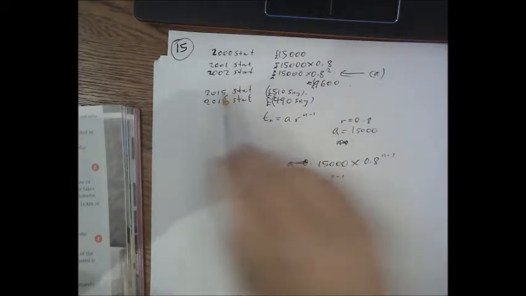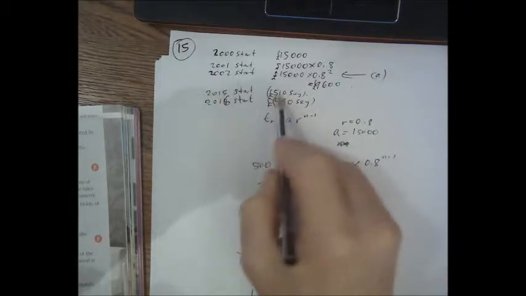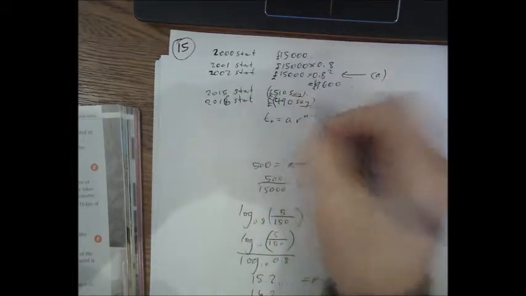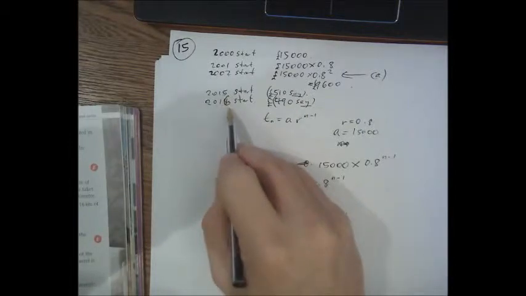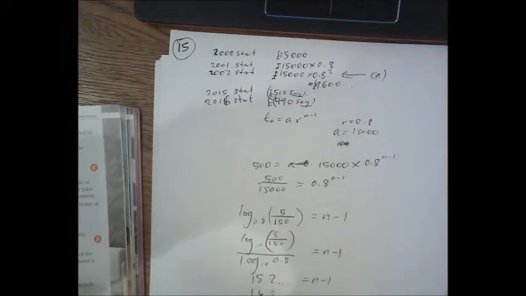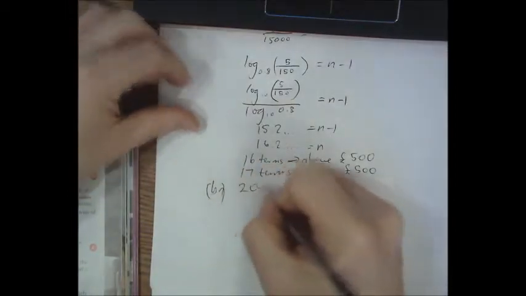It must be 2015, because at the start of 2015 it's 510. That's completely made up. I've just done a random figure that's a little bit more than 500. That's why I wrote the word say. At the end of 2015, in other words when 2016 starts, it's a little bit less than 500. So therefore the year in which it fell below 500 is 2015.